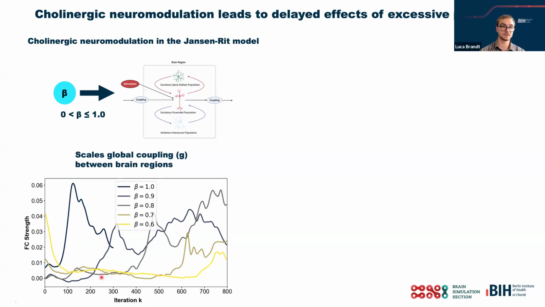Because if we would have stopped after 300 iterations, we would see no changes in the other levels of modulation. So we have to extend the iterations, but also in order to account for a similar structural change that is reached after 800 iterations usually.